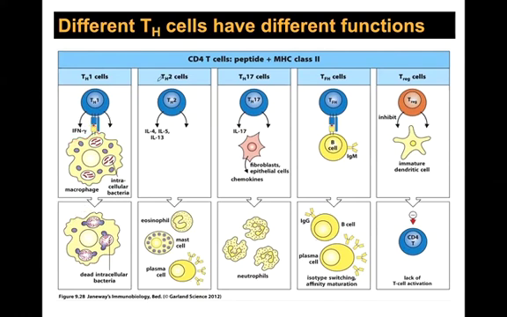Th2 cells, remember, are initiated from an extracellular infection, something like a parasitic worm. Those cells are going to leave the lymph node and make cytokines like IL-4 and IL-5, and these are going to activate the granulocytes. So they influence mast cells and eosinophils.